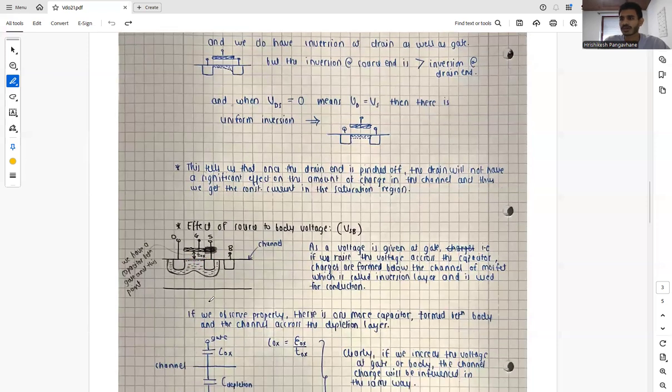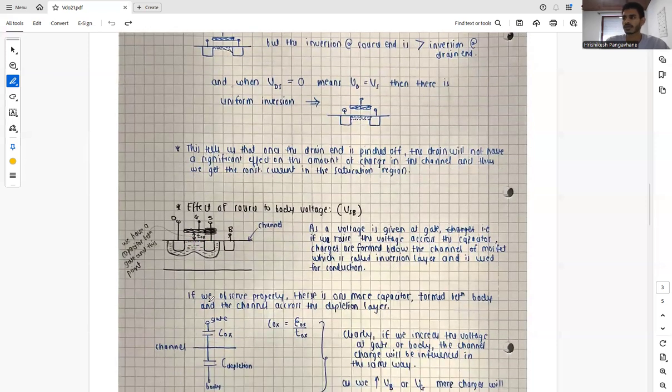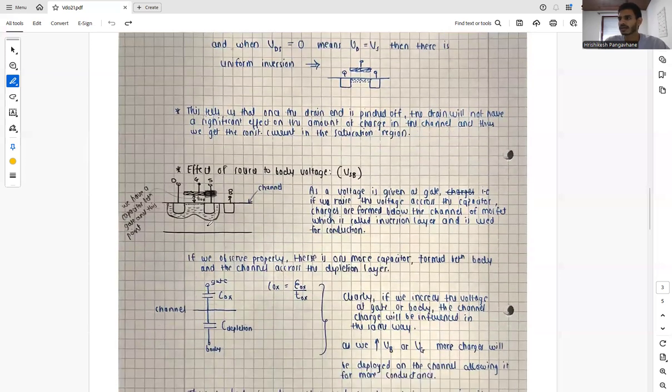If we observe properly, there is one more capacitor between the body and the channel across the depletion layer. This depletion layer acts as the dielectric. From the gate to the channel we have Cox, and from the channel to the body we have the capacitance due to the depletion layer.